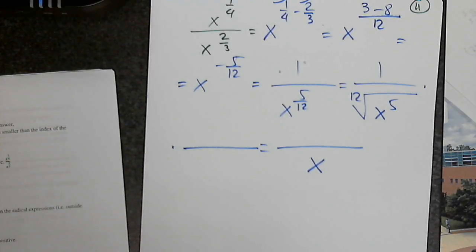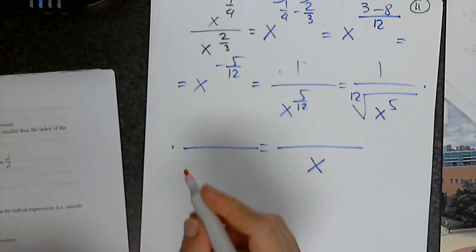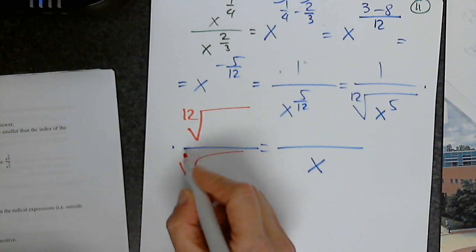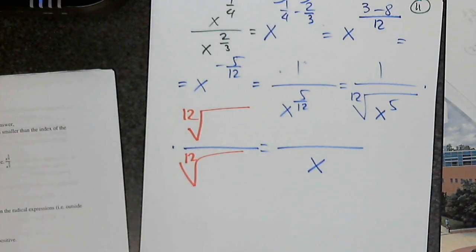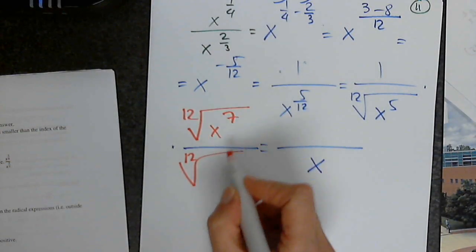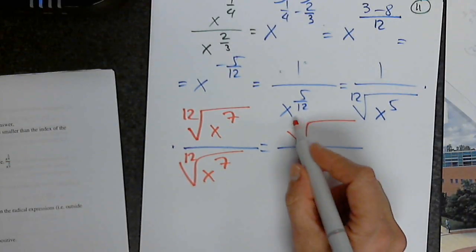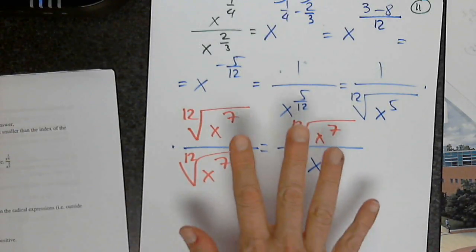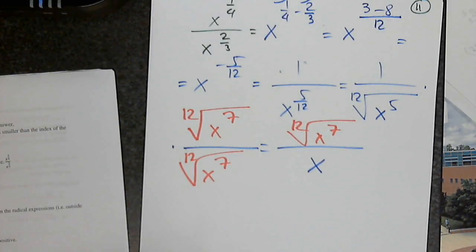Multiply top and bottom by? Yes. I agree with that. It has to be the same index. X to the 7th. Exactly what I'm missing from 5 to 12. Very good. X to the 7th, X to the 7th, and that's it. Don't be tempted to simplify. You cannot simplify or do anything else here. This is it.